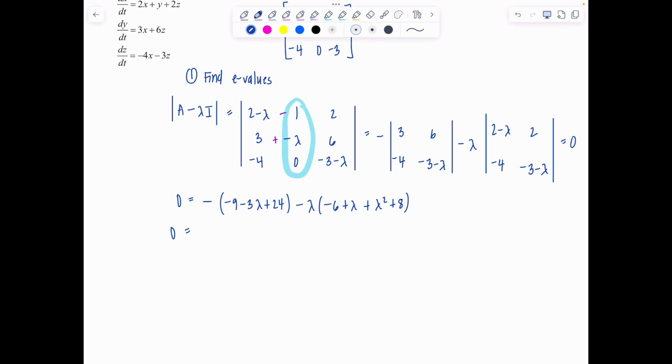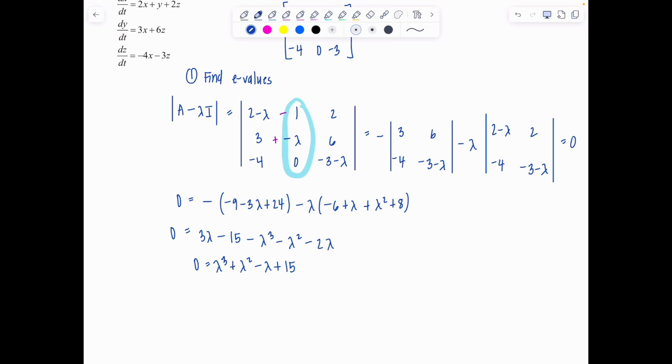Let's move on. 3 lambda minus 15, and then minus lambda cubed minus lambda squared plus 2 minus 2 lambda. So 0 is lambda cubed plus lambda squared minus lambda plus 15. Good?